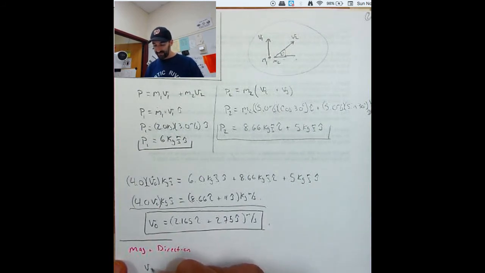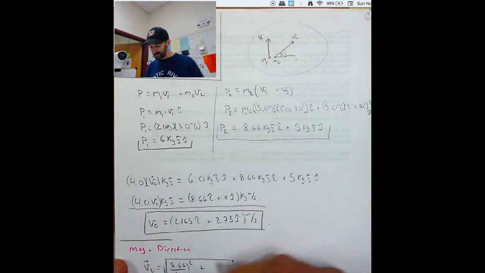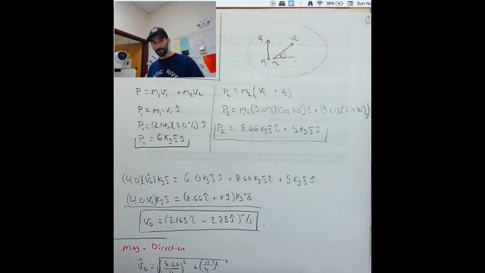I could say V naught is equal to the square root of 8.66 over 4 squared plus 11 over 4 squared.